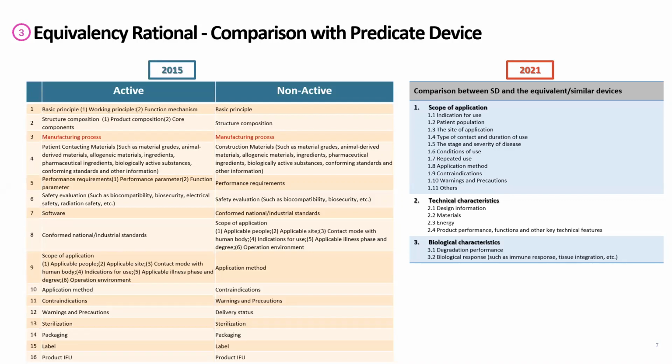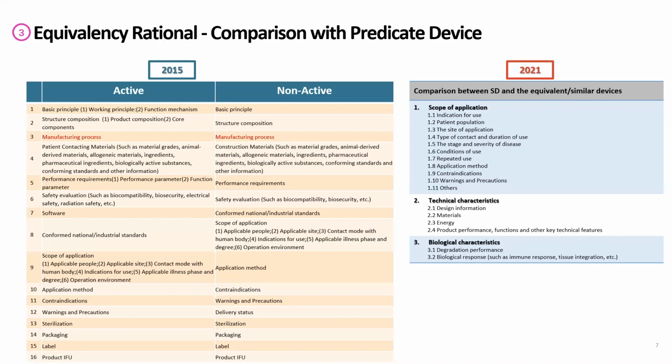Let me give you an example. If we want to register a hip joint prosthesis fixed without bone cement, the scope of application might be hip joint replacement. That is what we will do, and we use this device to recover joint function and relieve pain.